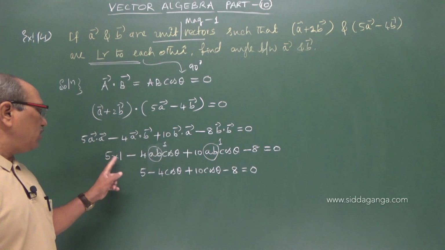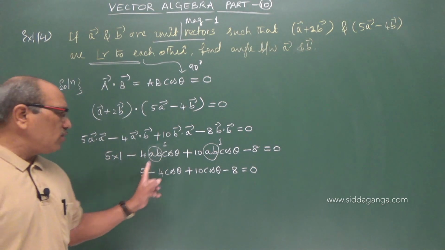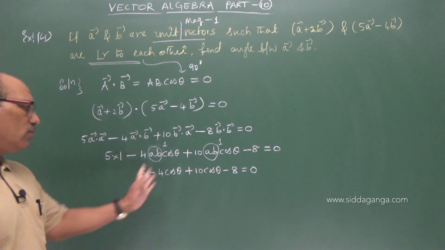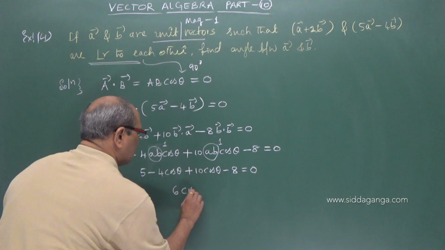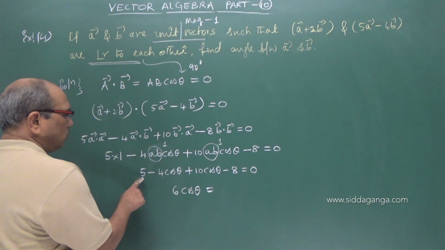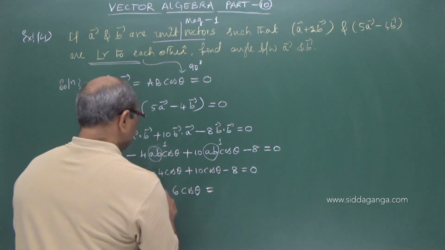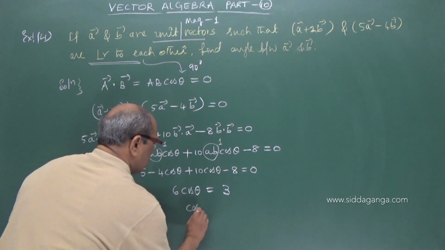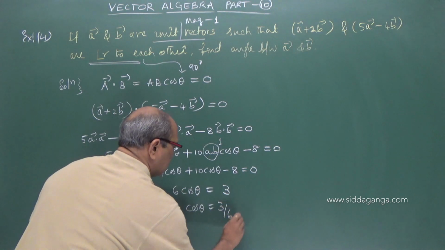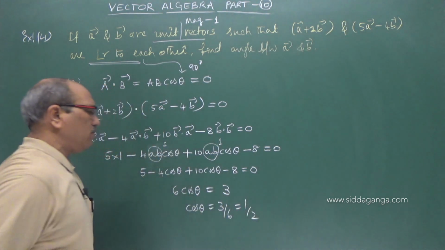And 5 A into A is 1. 5 minus 8 is minus 3. You can take it to the other side: 6 cos theta equal to 8 minus 5, that is 3. Cos theta is 3 by 6, equal to 1 by 2.